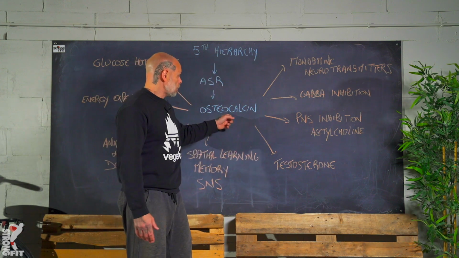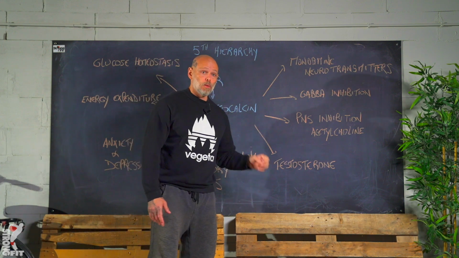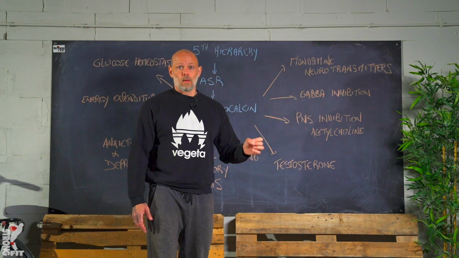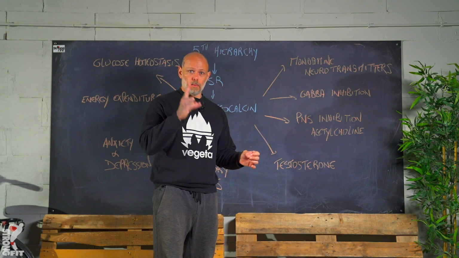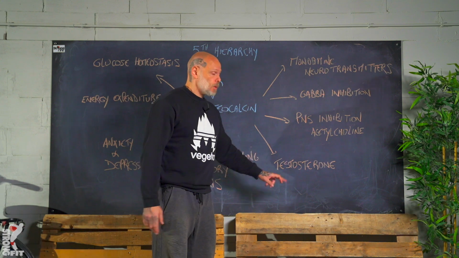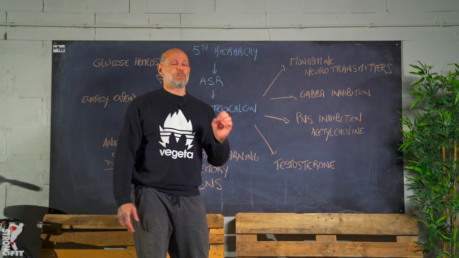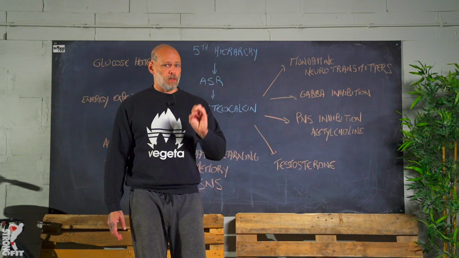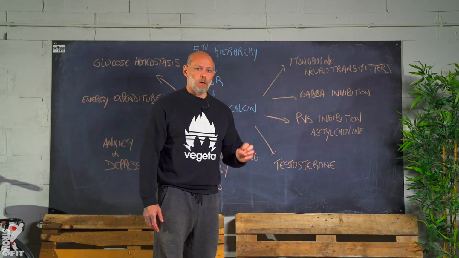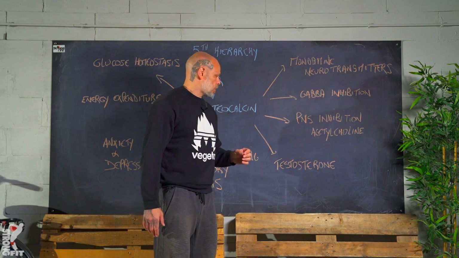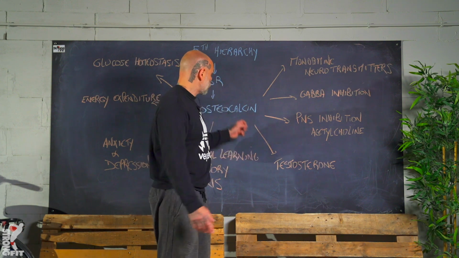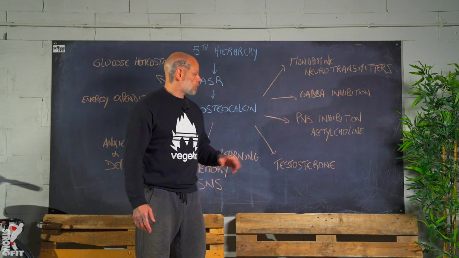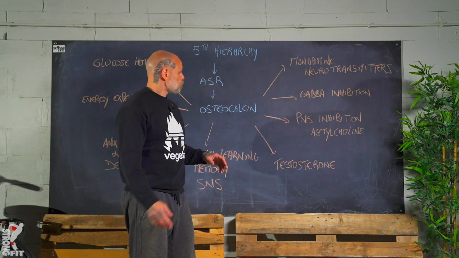So a higher level of osteocalcin increases the production of testosterone. For all you bodybuilders out there, that's all I'm saying. We also saw increased male fertility. There's a very specific trigger toward the production of spermatozoa that was triggered by osteocalcin. That's another video I need to make.